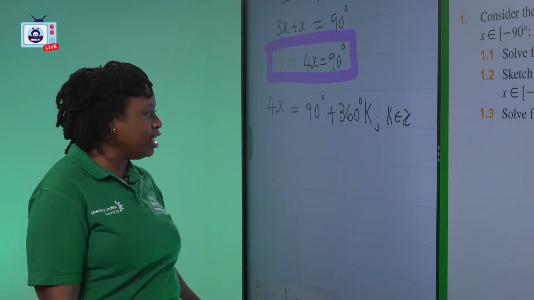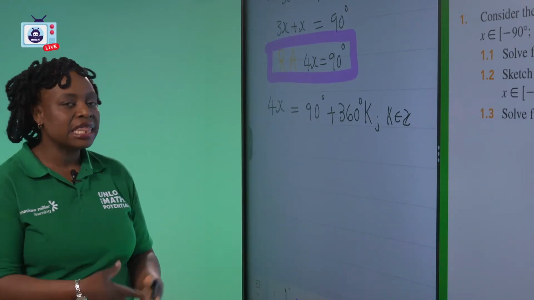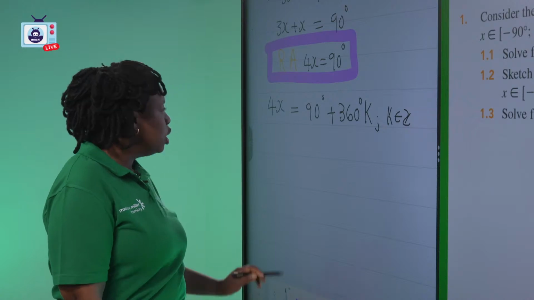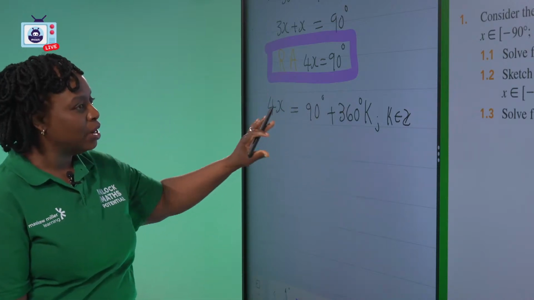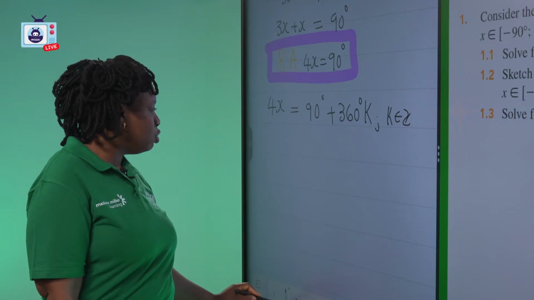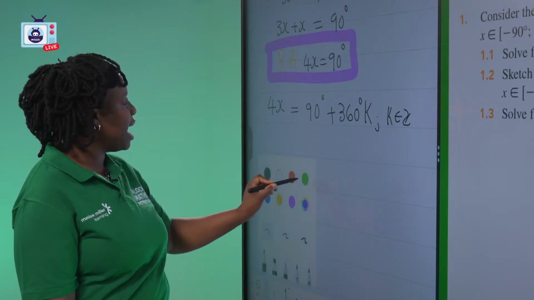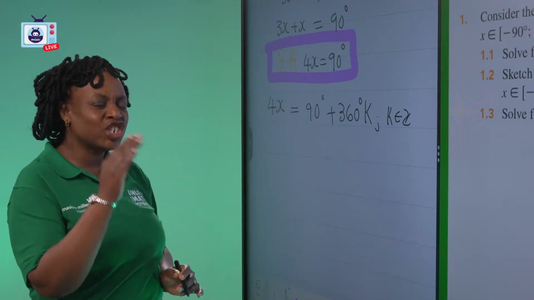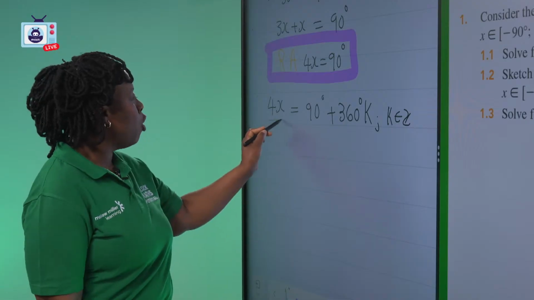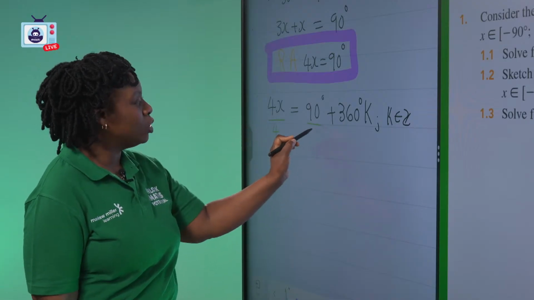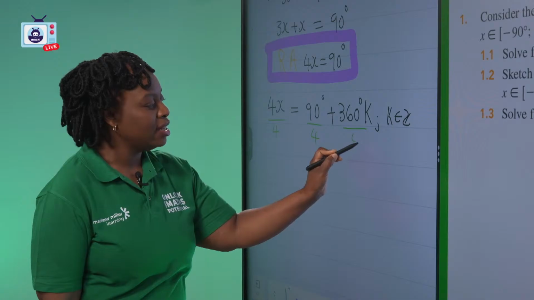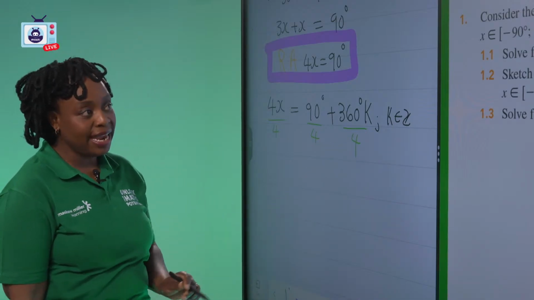So remember, k is just an unknown number that we can substitute at any point. Since we have our reference angle and all this, what we can now do is divide both sides of our equation, or each and every term, by 4 to make sure that we do what we were asked to do, which is to solve for x, right?